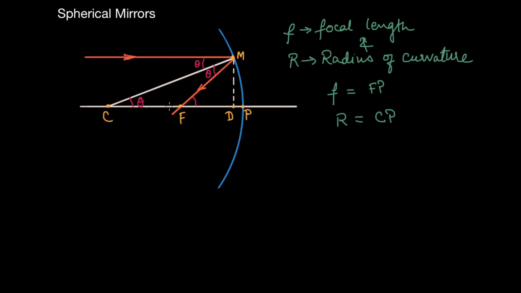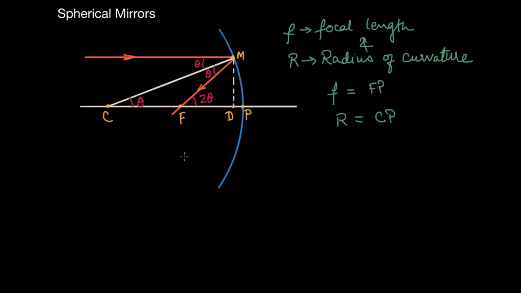So if you look at triangle CFM, this right here is an exterior angle, and the exterior angle equals the sum of the two interior angles. This is something you might remember from your geometry. So this angle is equal to the sum of this guy and that guy, so that is 2 times theta.